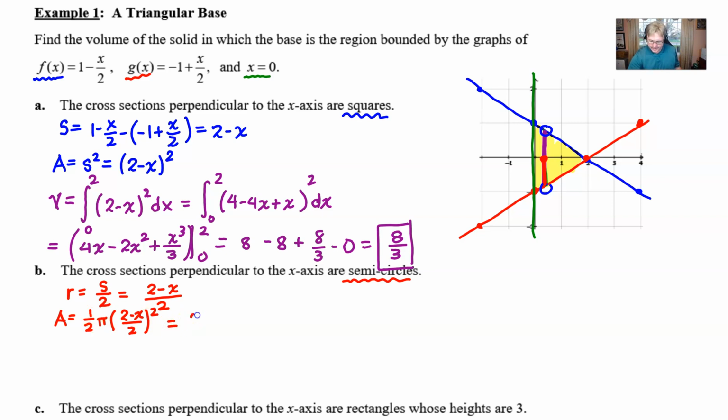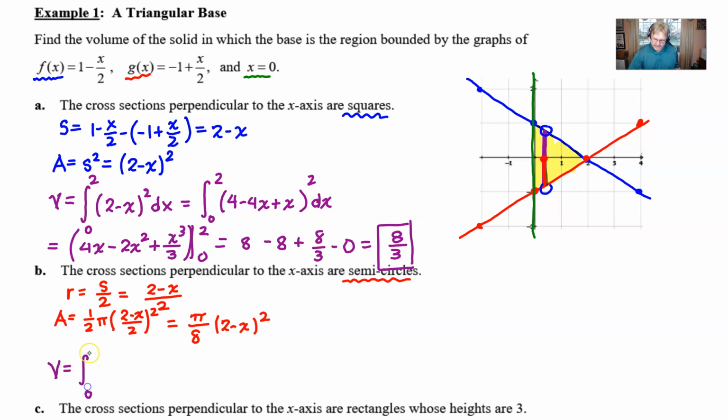You would end up with pi, the 2 here and the 2 squared in the bottom there multiply and become 8, 2 times 4, and then you have (2 minus x) quantity squared. And that is the formula for your area that you're going to find inside of your integration expression.